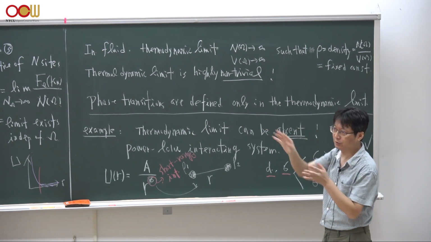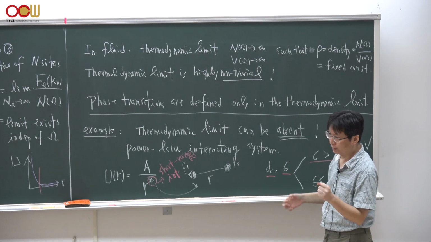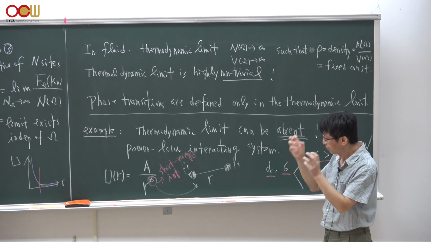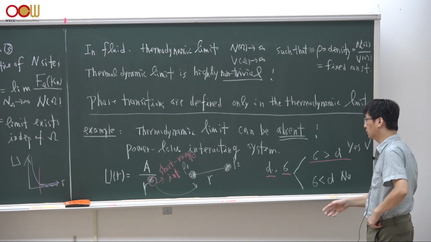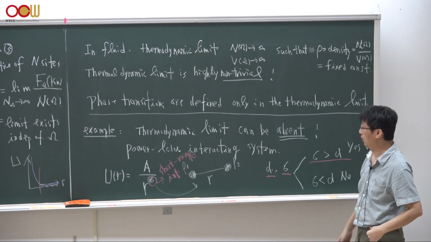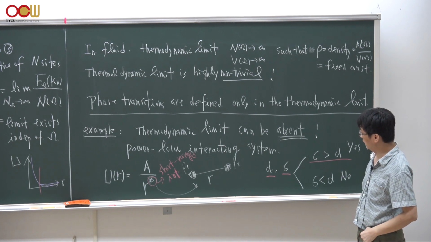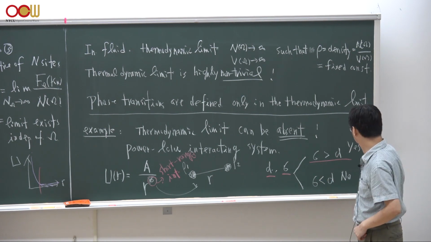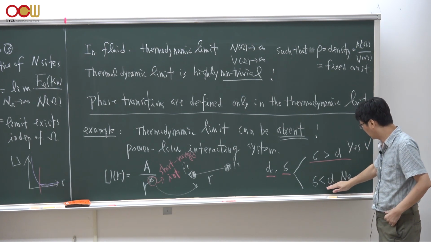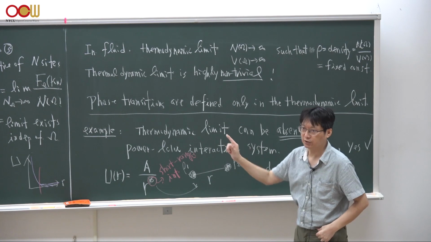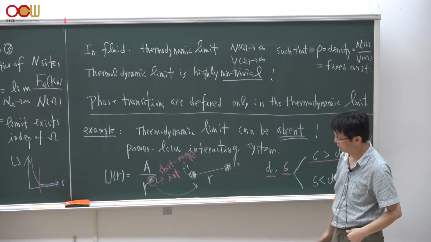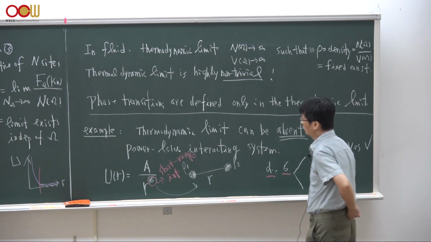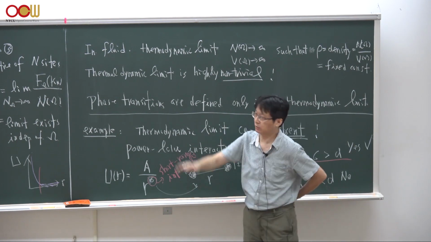They don't feel interactions; a particle feels the interaction only in its neighborhood. If this is the case, most likely we have a thermodynamic limit. On the other hand, for long-range interactions, as we'll see next time, this limit doesn't exist. So this is really a non-trivial statement, because not many systems satisfy these conditions.